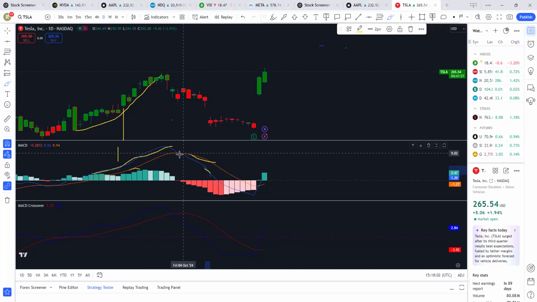As you can see there, it's been crossing. The blue line goes down now, and the orange line, which is the red line, is above the MACD line. So that's why you see the stock go down, because the signal line is above the MACD line. That's the way it works.